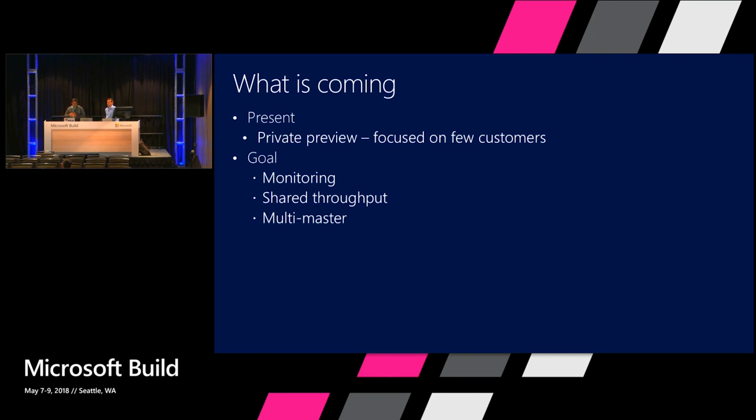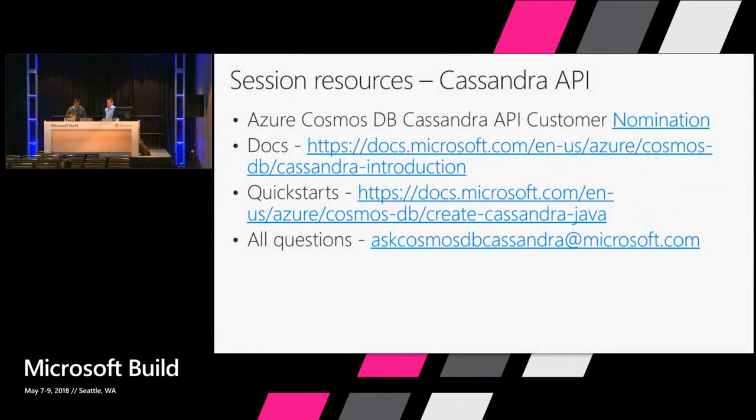At this point, we are open to hearing what other inputs you require from us to improve. So reach out to us. We can definitely help you out. If there are questions, you can send all the questions to Ask Cosmos DB Cassandra at Microsoft.com. I think people who use Cassandra can just use it as it is. There are only two things you need to get right. One is the throughput.